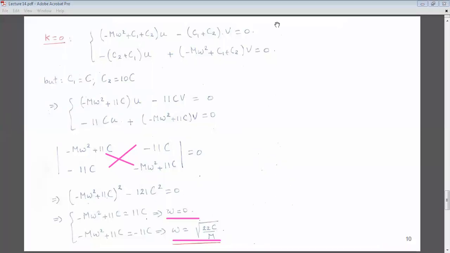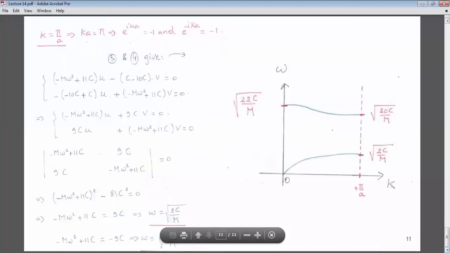Now I have to repeat at k equal pi over a. So I go back to k equal pi over a, that is k a is equal to pi. So e to the i k a is minus 1 and e to the minus i k a is equal to minus 1. Now I go back to equations 3 and 4. They will give me (minus m omega squared plus 11C) u minus C minus 10C u equal to 0.